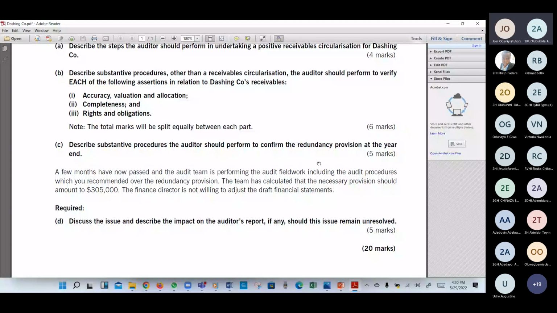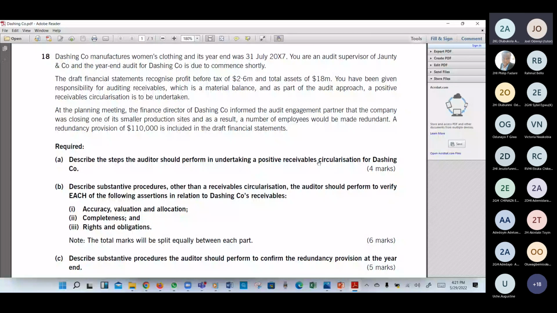It says Dashing Co manufactures women's clothing, and its year end was 31st July 20X7. You are the supervisor of Johnson & Co, and the year-end audit for Dashing Co is due to commence shortly.